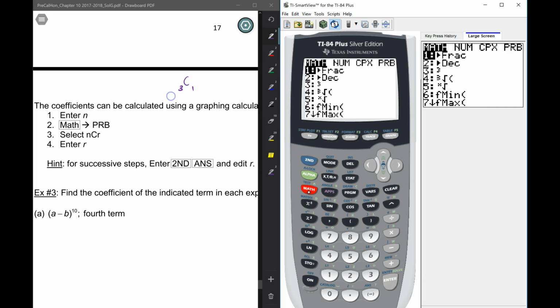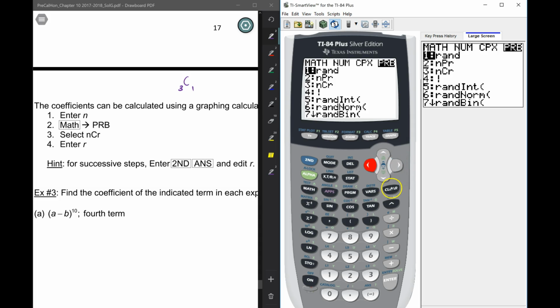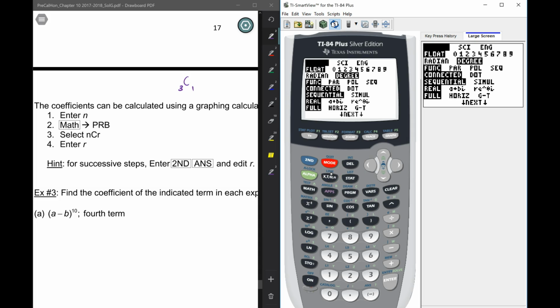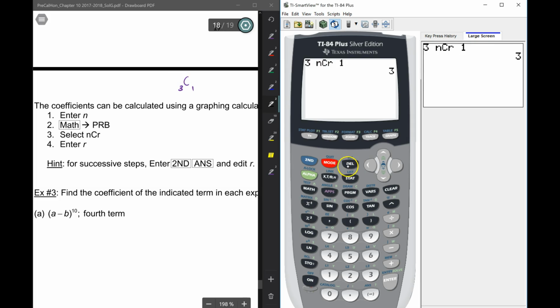Yes, you go math all the way down to probability. I go left because it's closer. And then number 3. PRB, probability. Now, to go for successive steps, don't do the whole thing again. You know I hate that, right? We just do second entry. I have a typo there.